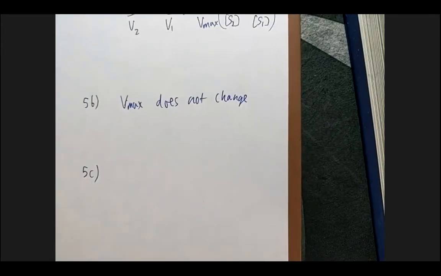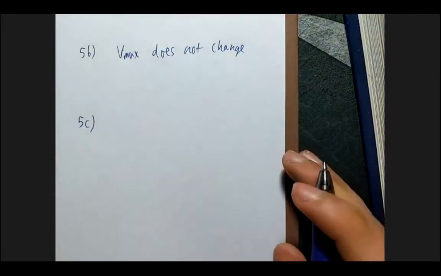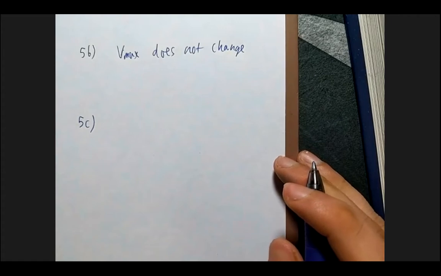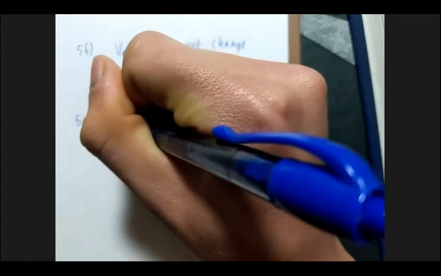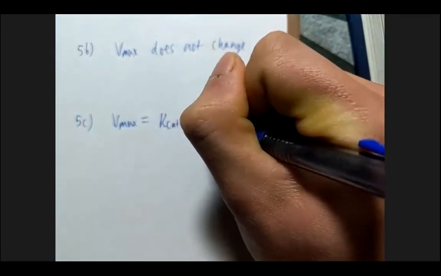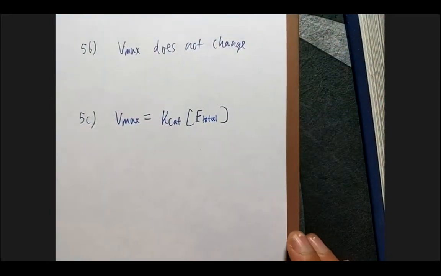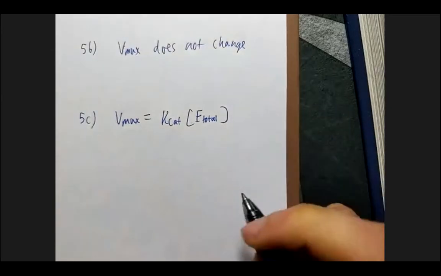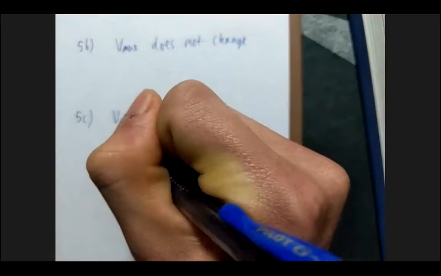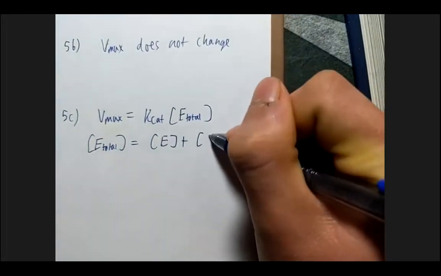And then the last question talks about the inhibitory constant Ki. I believe the formula was in lecture, but I will show you a quick derivation of it, starting from Vmax. Vmax is defined as kcat times the total concentration of enzyme. For our classic ES model, E total would be equal to E plus ES concentrations.